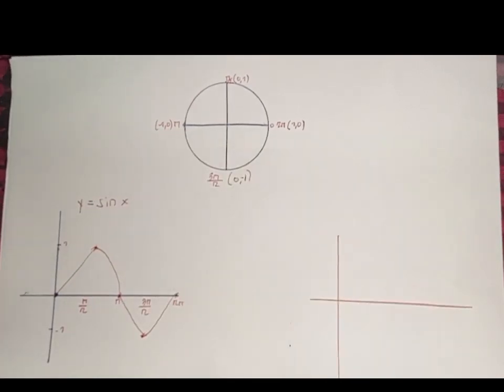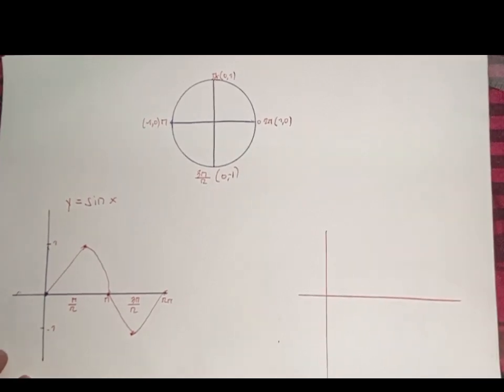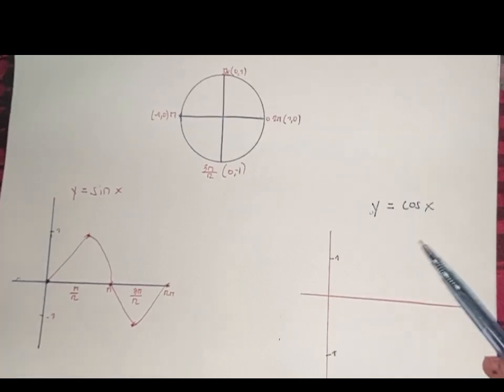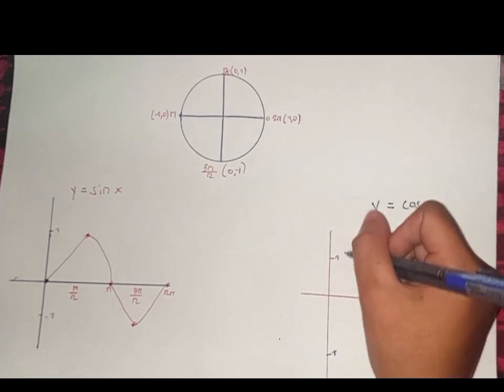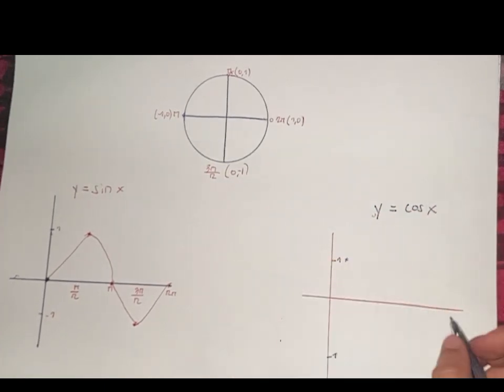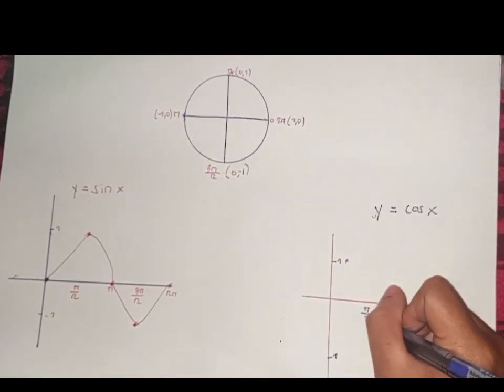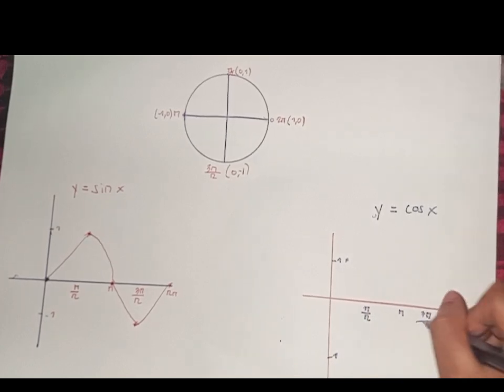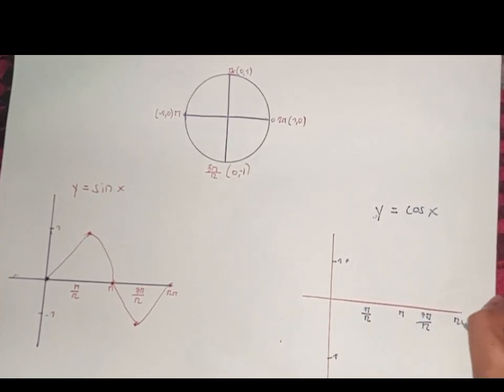Now let's move forward to the cosine. So the basic graph for cosine is y equals cos of x. As we can observe in the unit circle, the x value starts from 1. So we have here pi over 2, pi, 3 pi over 2, and the period of 2 pi.